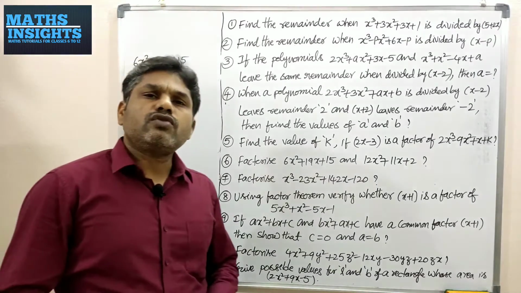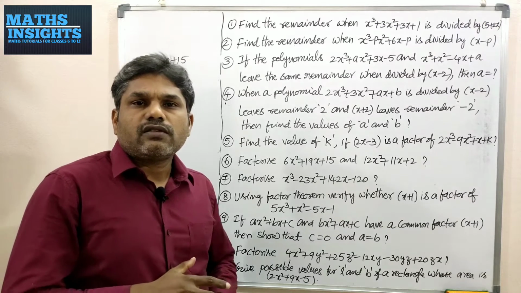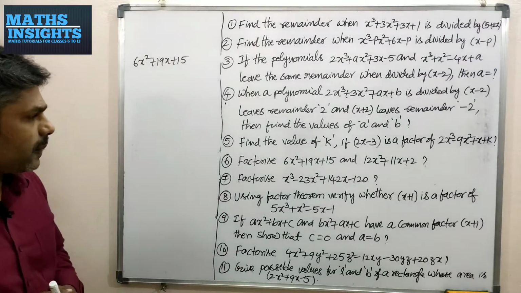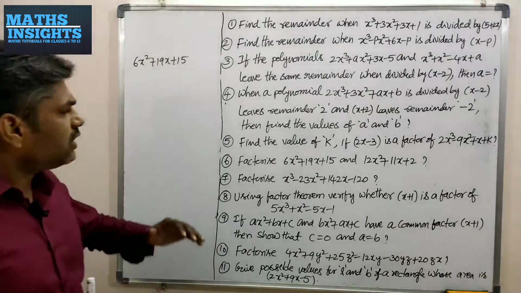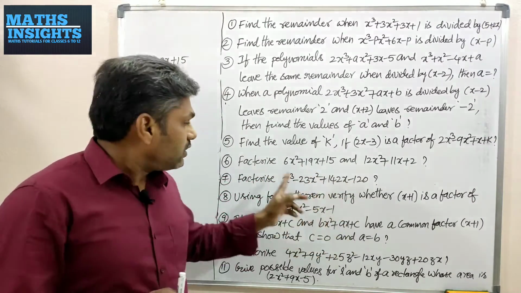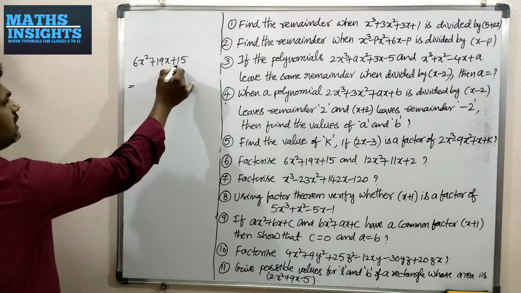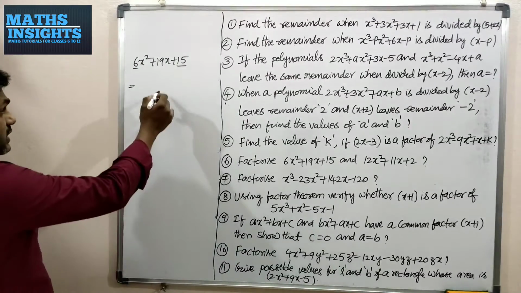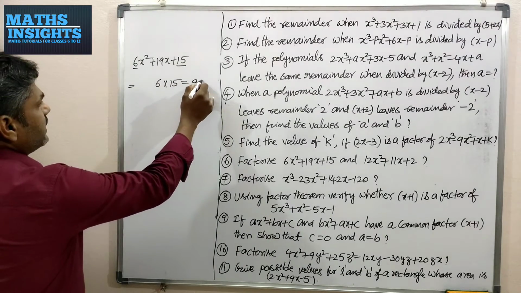So I said how to solve the quadratic polynomial by using factor theorem. I explained to you how to find factors for this quadratic polynomial. See, I said that you have to multiply this constant and the coefficient of x square, that is 6 into 15, that is equal to 90.